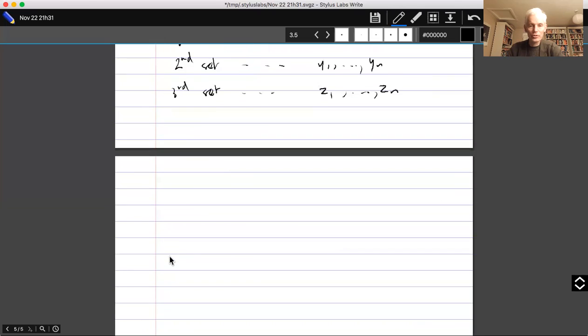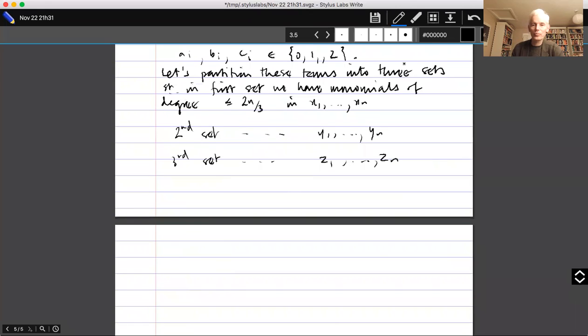Now, let's just see what we're going to do with these. So let's focus on the ones where we have monomials of degree at most 2n over 3 in x1 up to xn. So let's just pick one such. Each one is going to have a term x1 to the a1 up to xn to the an, with a1 plus up to an less than or equal to 2n over 3.